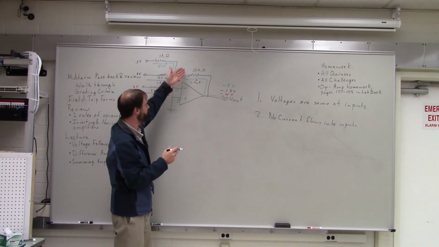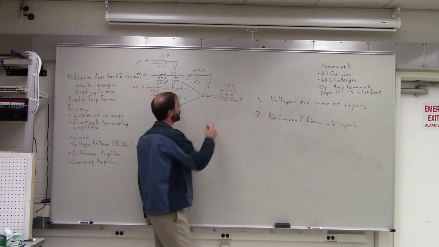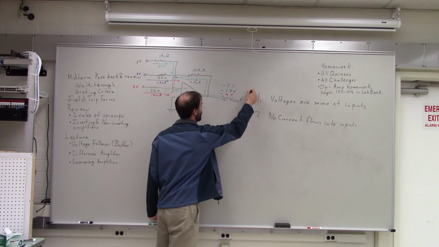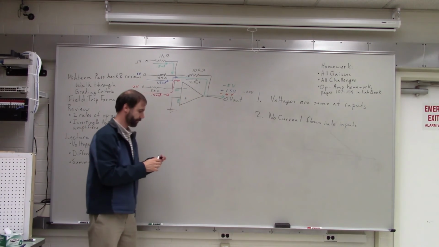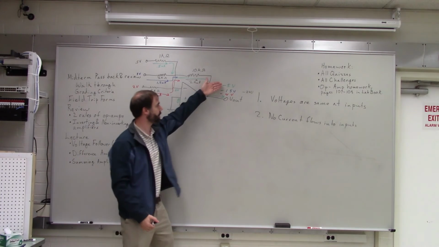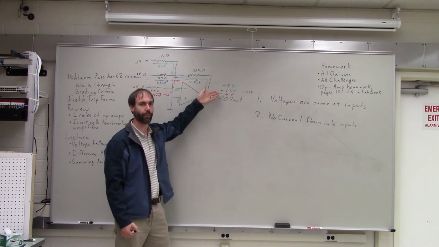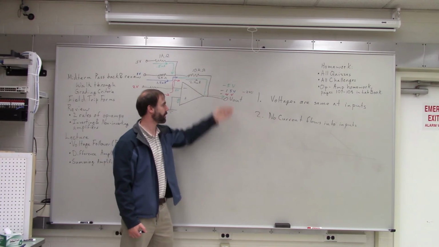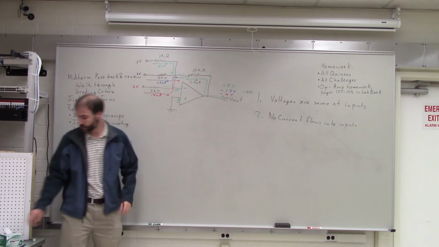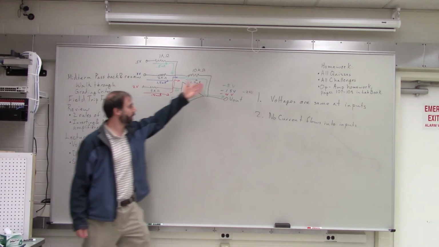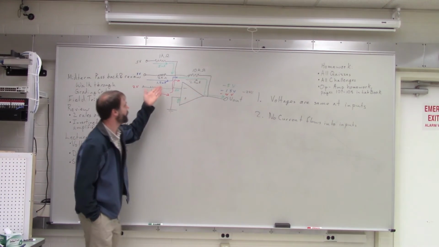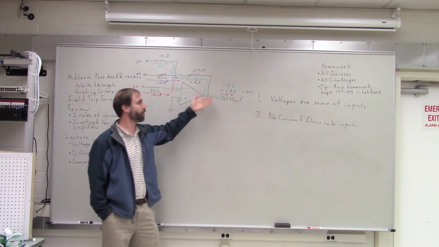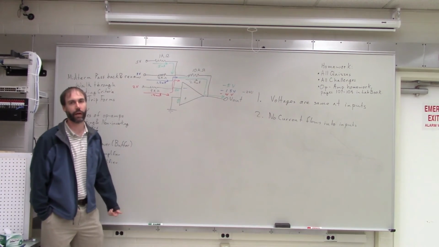And 2.4 times 10 is a total output voltage of minus 24 volts. Okay? So you'll notice that that is the sum of all of these individual outputs. So 5 plus 15 plus 4 comes out to be 24. So that's why we call this a summing amplifier, because the output is the sum of all of the individual outputs.